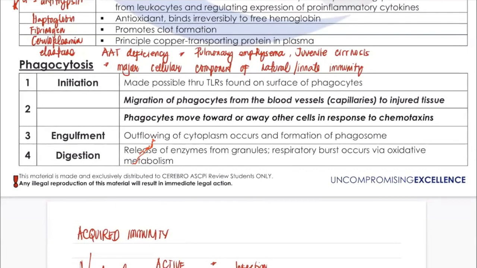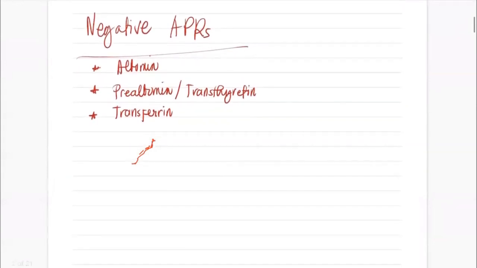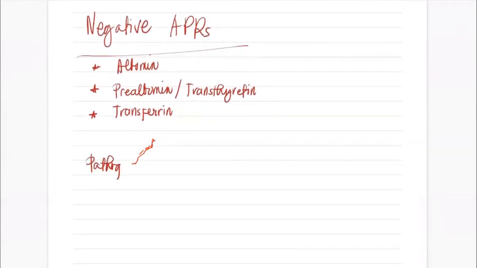First, of course, we have initiation. And initiation is made possible through yung mga toll-like receptors, TLRs, that are usually present sa surface ng ating mga phagocytes. Okay? And these receptors, ito yung nakakapag-recognize ng mga pathogen-associated molecular pattern. Sorry. So yung mga PAMP, pathogen-associated molecular pattern.